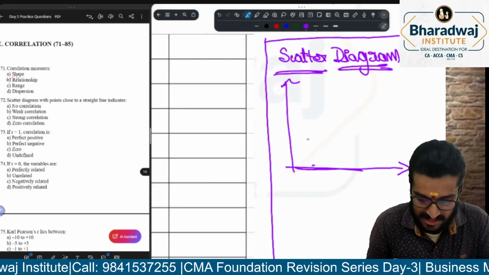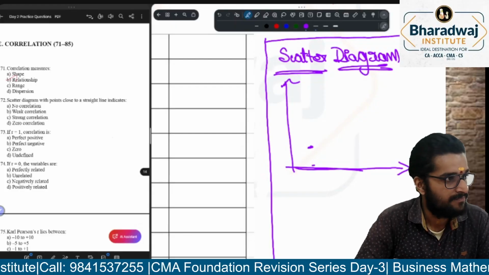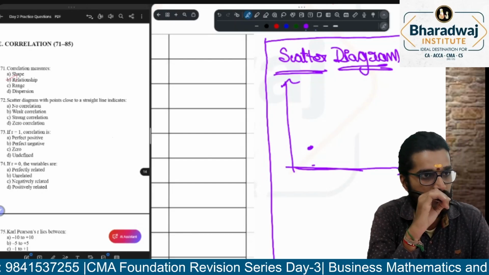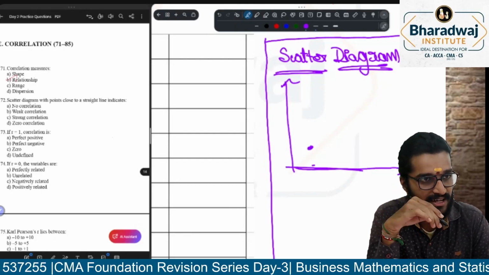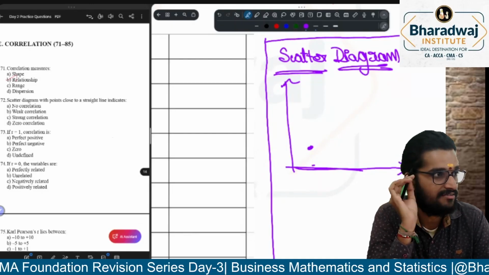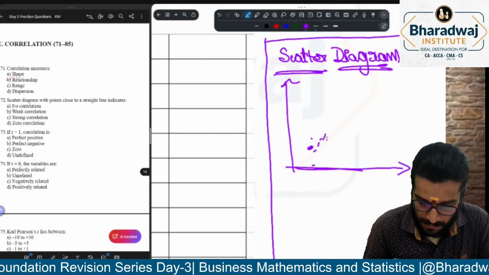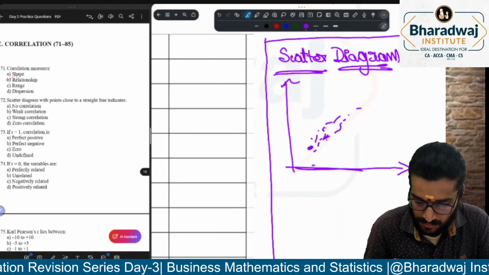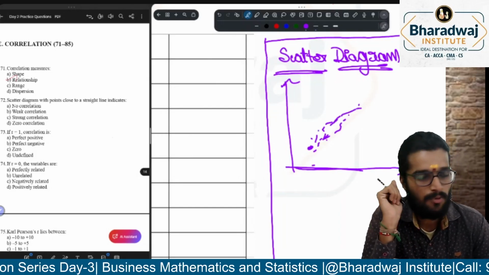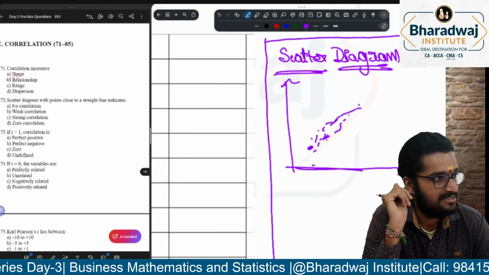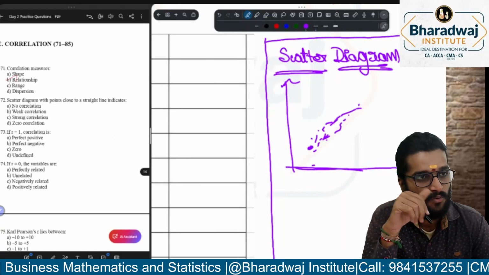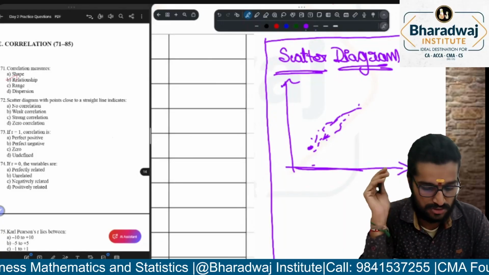So this point represents how one unit of my reference data got changed just because of change in another variable. Now, by plotting this, and if I try to trace how this plotting works, this is what we call a scatter diagram. Just by analyzing the scatter diagram, we can conclude what correlation exists between those two variables.